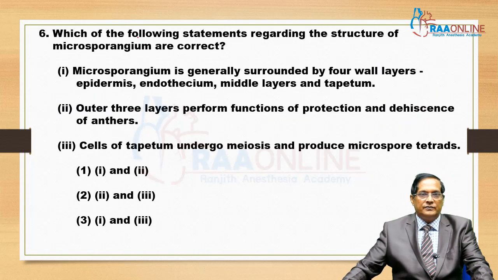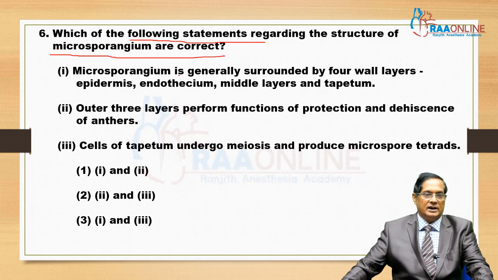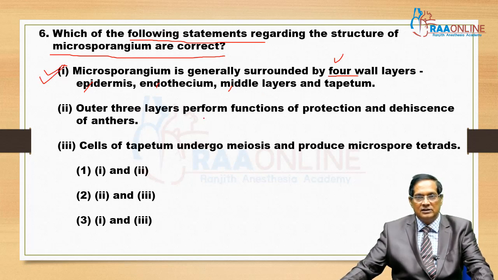Which of the following statements regarding the structure of the microsporangium is correct? The microsporangium is generally surrounded by four wall layers. Yes, right. These are the epidermis, endothecium, middle layer and tapetum. The first one is right. Second, the outer three layers perform the function of protection and dehiscence.